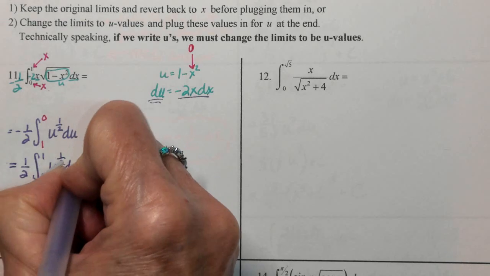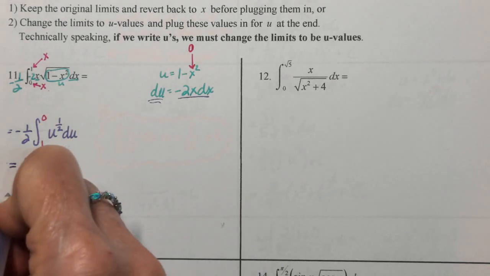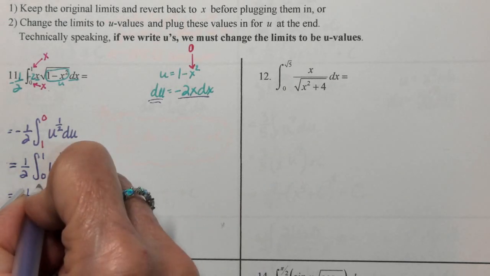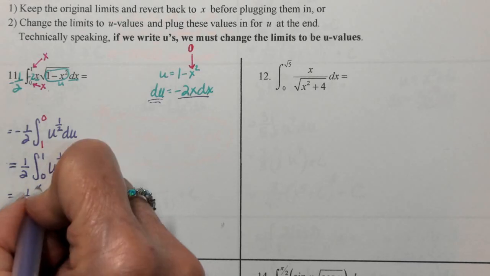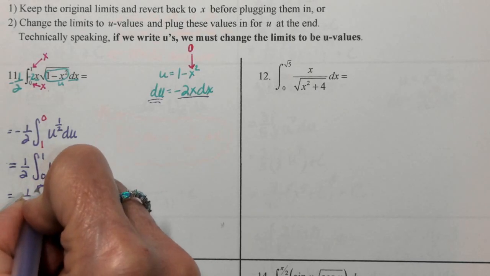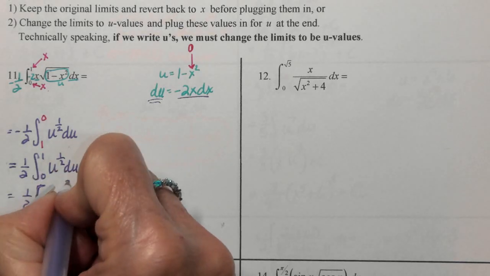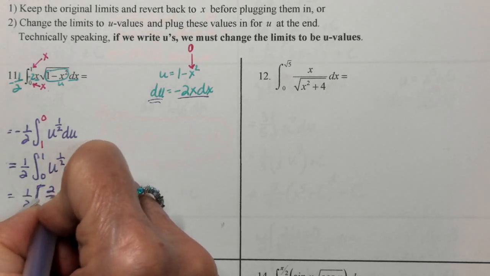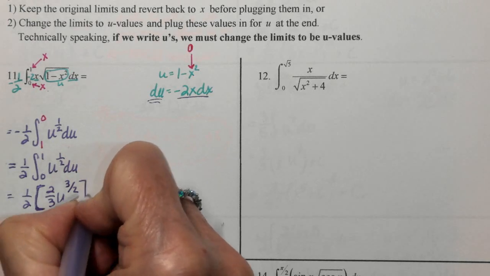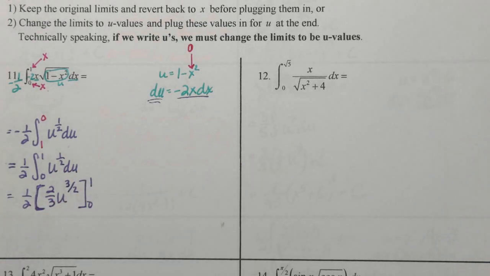Everything else stays the same. So this is 1/2 definite integral. I'm going to use brackets on that. Power rule, so add 1 to the power, divide by your new power, and we're going from 0 to 1.